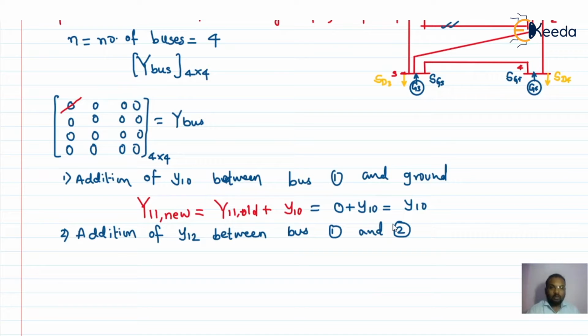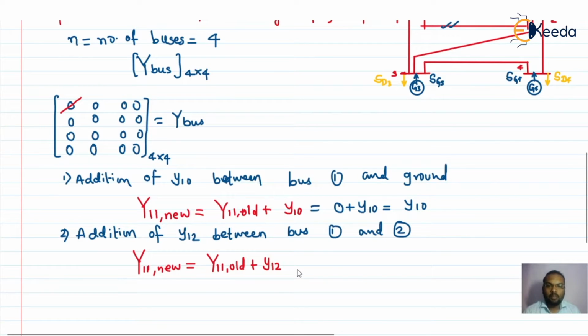It will affect four values. The first one, as it is connected between bus 1 and 2, is y11. The new value of y11 will be y11 old value plus y12.